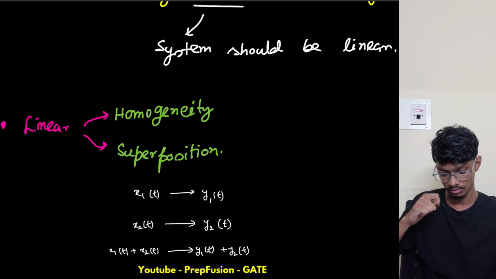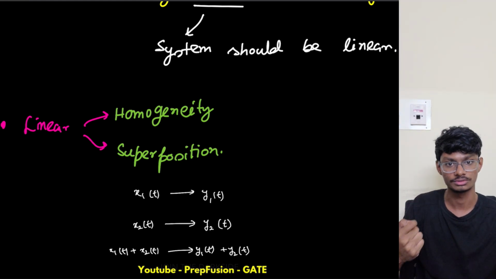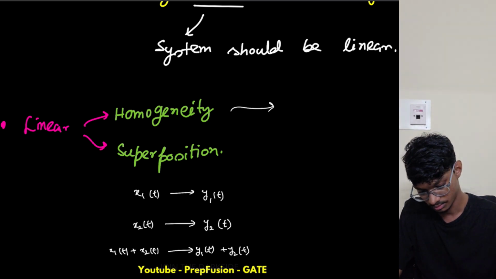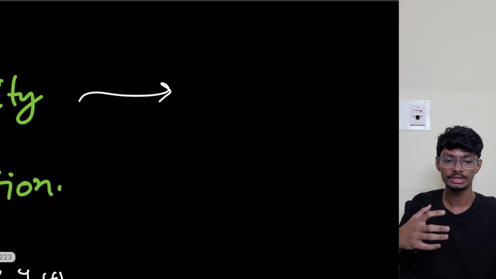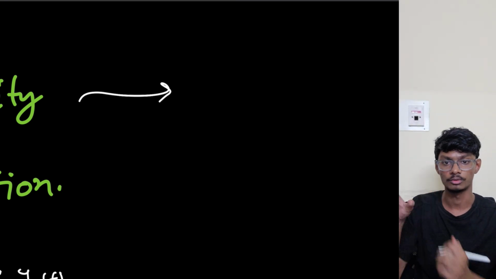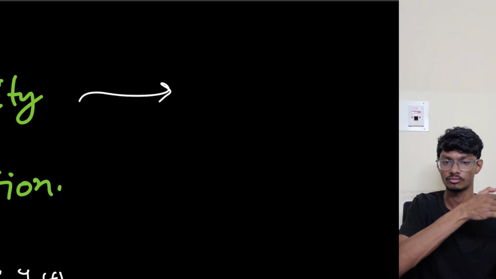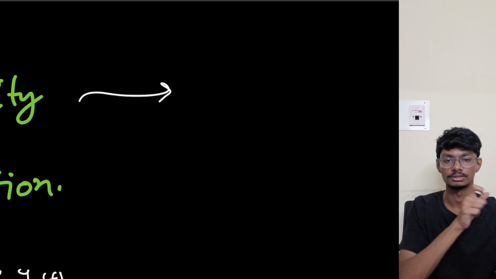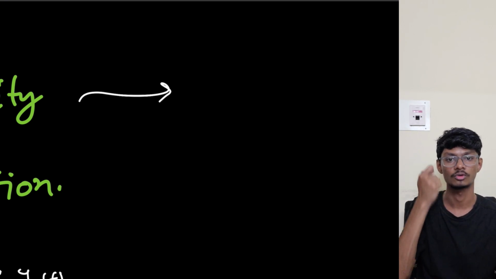Now what does homogeneity mean? Homogeneity basically means if I give some input x1 and we get some output y1, and now I give some multiple of that input, let's say 2 times x1, then the output should also be 2 times y1. Then the system follows the principle of homogeneity.